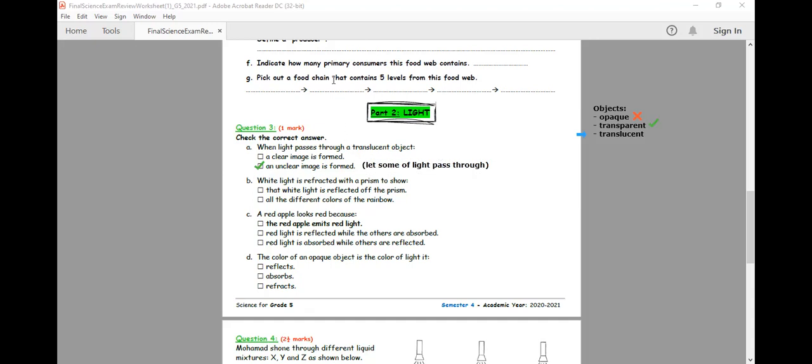White light is refracted. So white light is passing from a place to another place in a prism. Will this show that light is reflected or that all the different colors of the rainbow will appear? What's your answer, guys? When we use a prism, rainbow.